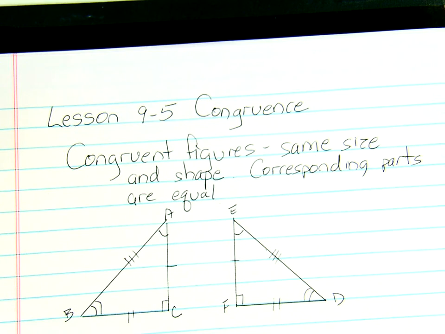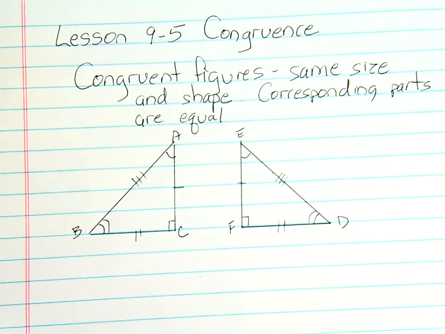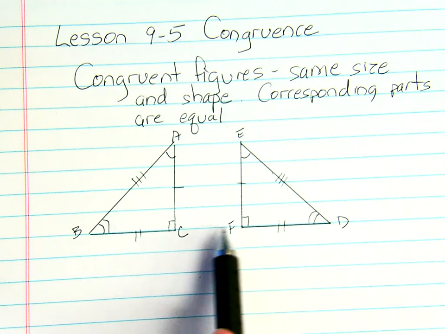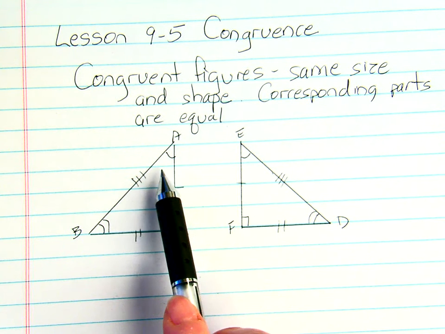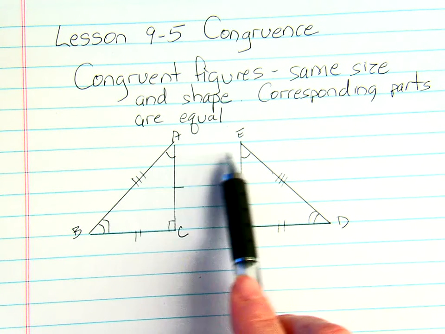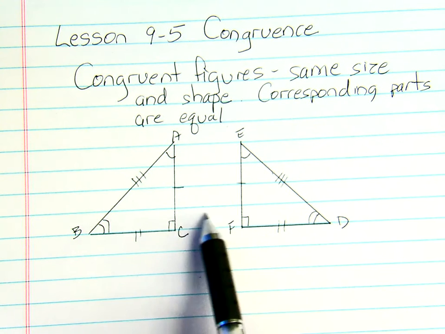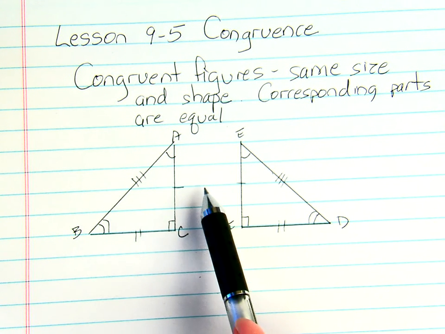Okay, so here are our congruent triangles. As you can see, angle C and angle F are both 90 degrees, so they are congruent. Angle A and E are showing the same congruent marks as are B and D. And then you have your side congruencies.